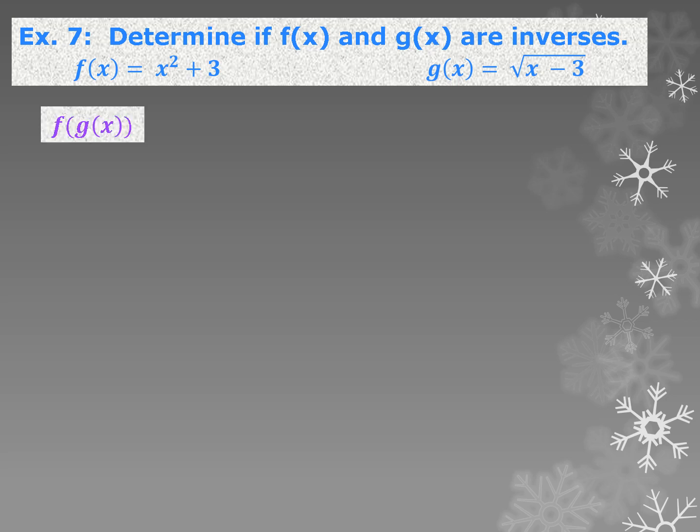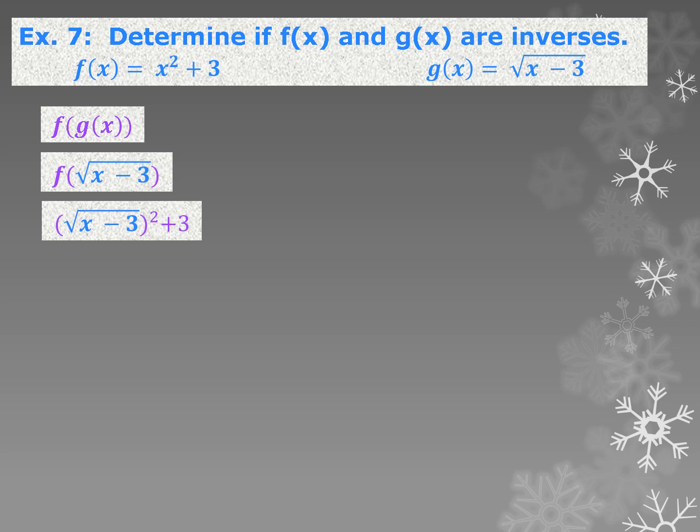So the first thing we're going to do is f of g of x. That means anywhere I see an x in f of x, I'm going to replace it with the square root of x minus 3. So that gives me, instead of x squared plus 3, the square root of x minus 3, squared, plus 3.